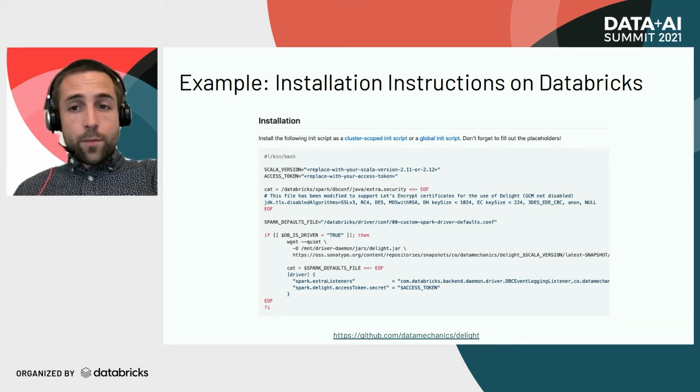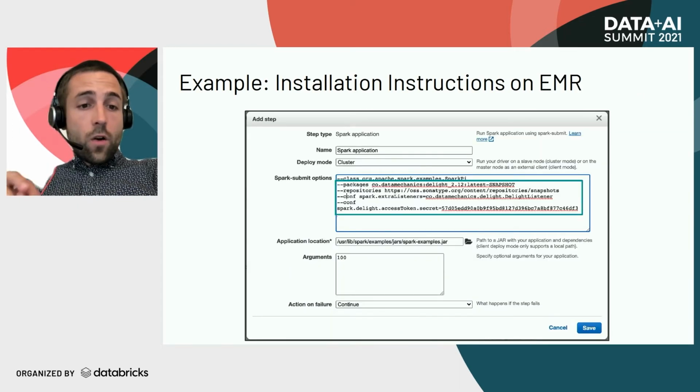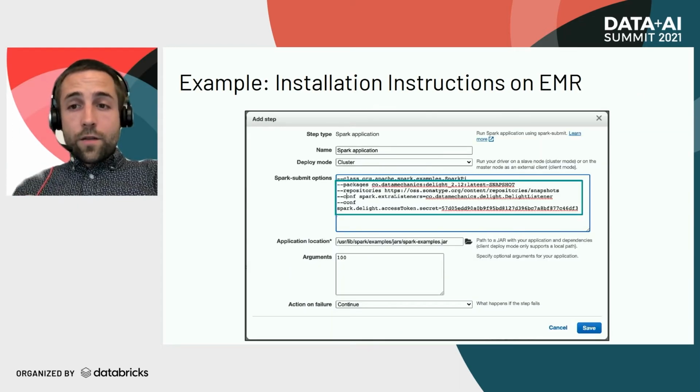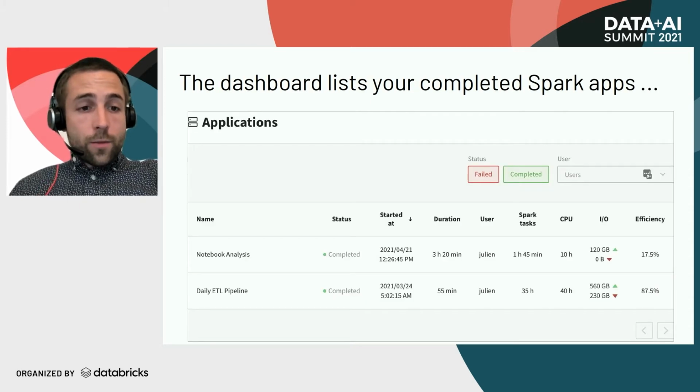Here's another example on EMR. All we need to do here is pass a few options to Spark Submit. And these options basically attach a jar again to the Spark driver, and you also paste the token that we created earlier. Once this is done, your Spark applications will automatically appear on the Delight dashboard, which looks like this.